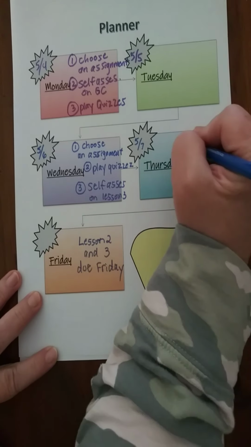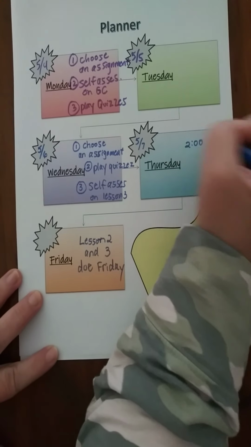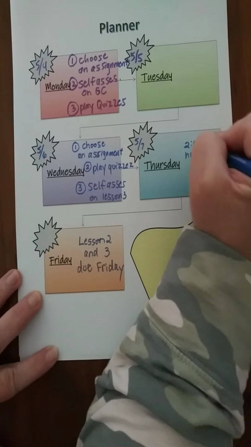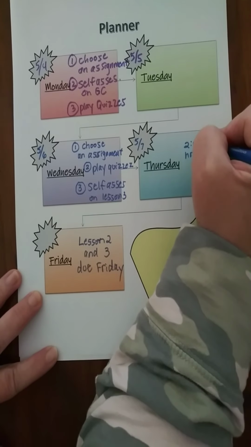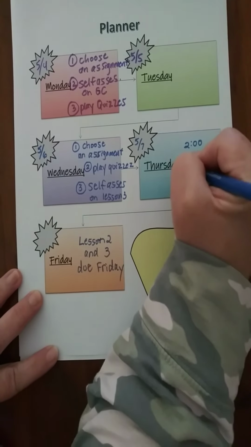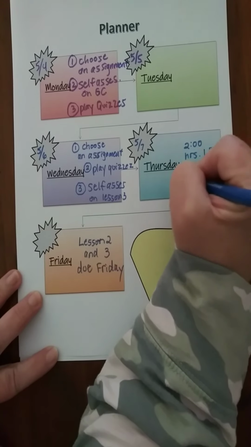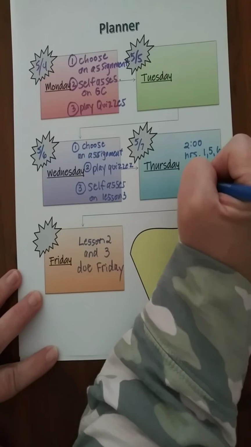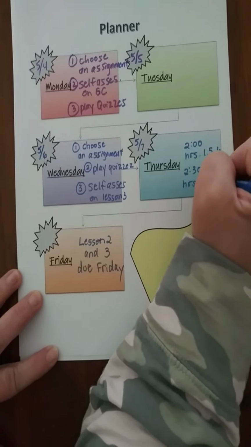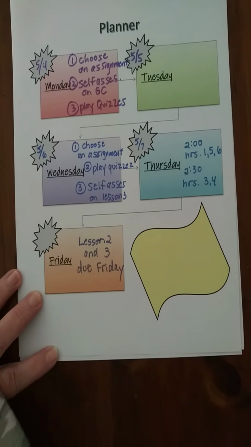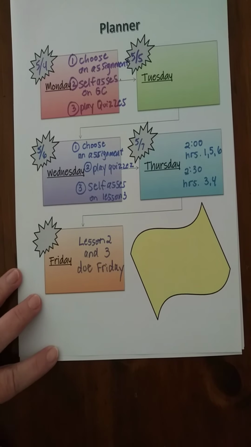We do have a meeting, 2 o'clock, for hours 1, 5, and 6, 2:30 for hours 3 and 4. And those meeting links will be up on the Google Classroom either Wednesday night or Thursday morning. And hopefully we won't have any pop-in visitors like we did last week.